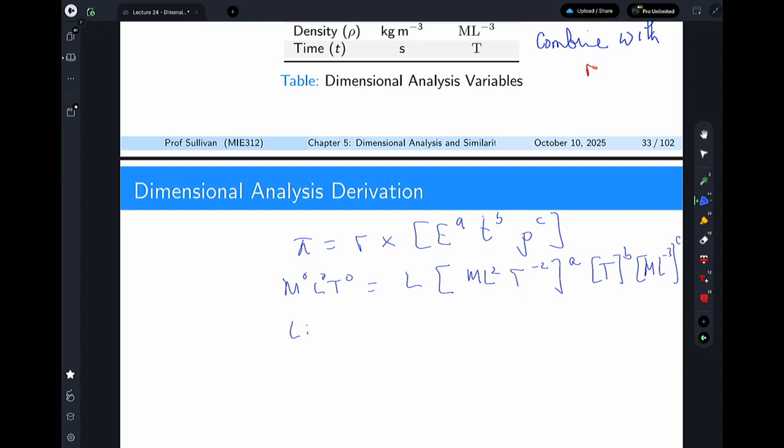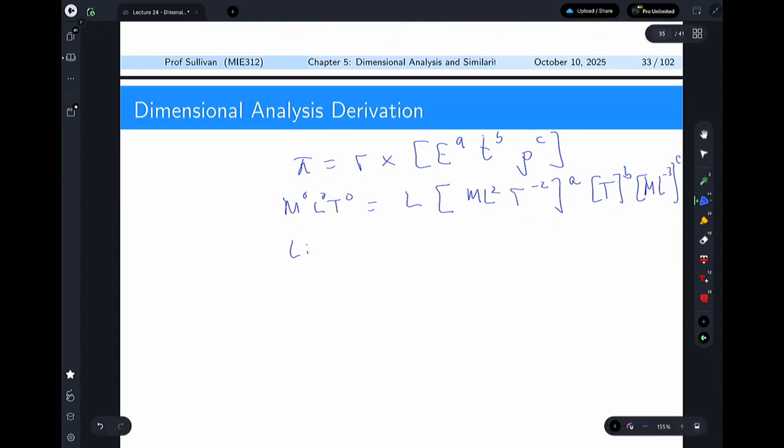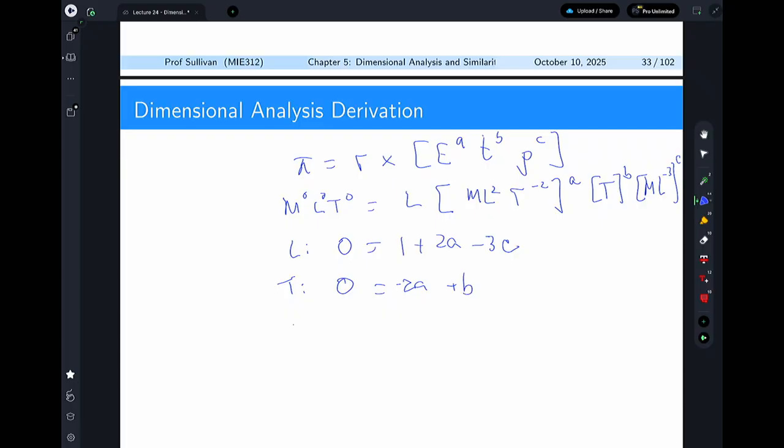So for length, I will have 0 equals 1 plus 2a minus 3c. Time, I'll have 0 equals minus 2a plus b. And for mass, a plus c equals 0.